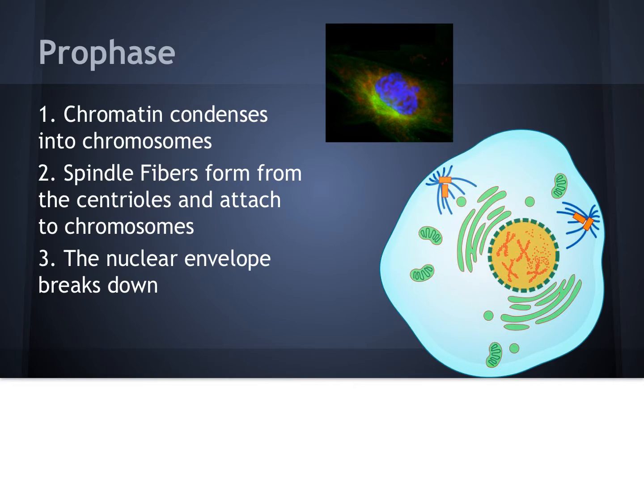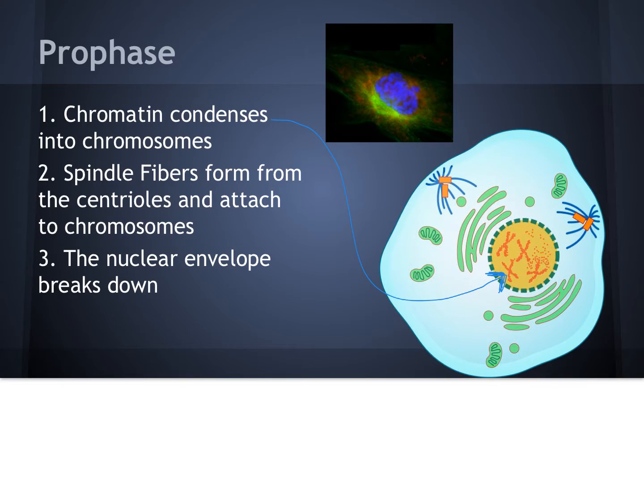Okay, so our first part of our mitosis phase is called prophase. What happens in this phase is chromatin, which is our uncoiled DNA, is going to condense into chromosomes. So if you see these little X's over here, these are our condensed chromosomes, right? So they're nice and organized.